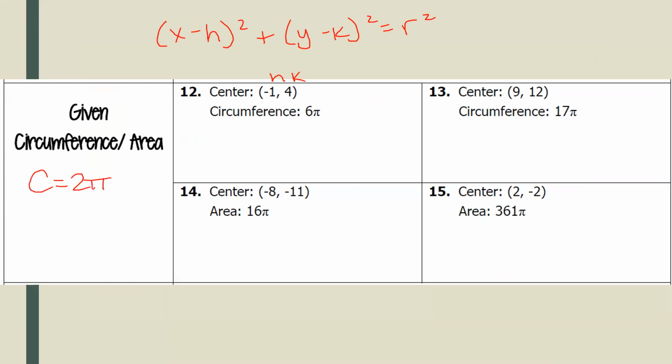Remember the equation for circumference is 2 pi r. If you don't remember that, that's also on the formula sheet. You don't have to memorize that. All right. Well, if the circumference is 2 pi r, that means that 6 pi equals 2 pi r. Divide both sides by 2 pi. The pi's cancel. The radius is 3, which means that r squared is 3 squared, 9.